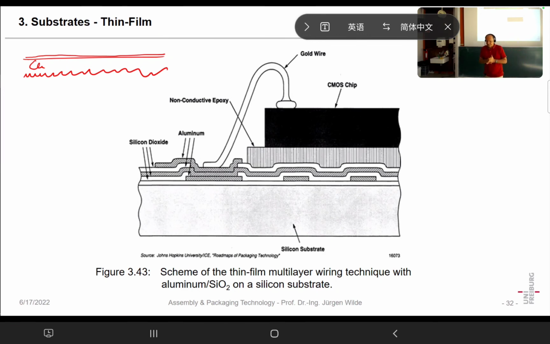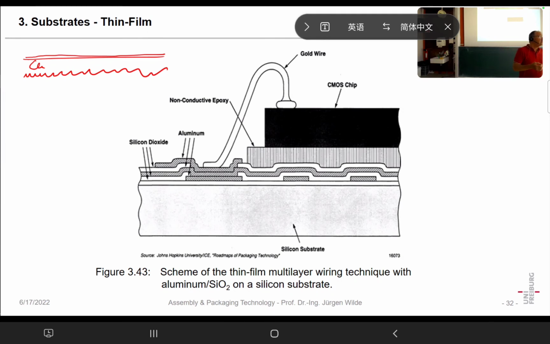On the other hand, it is a disadvantage because you put on the glass and then you have to put on a resist, you expose the resist and so on, and then you etch, and also have to etch the glass.